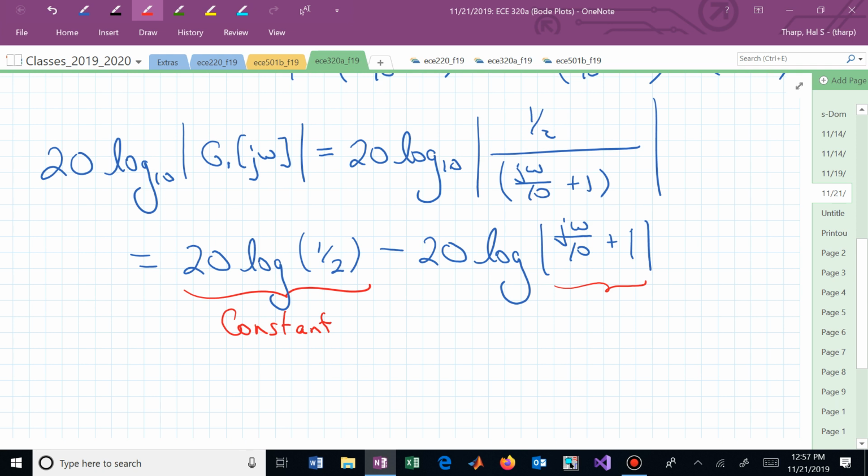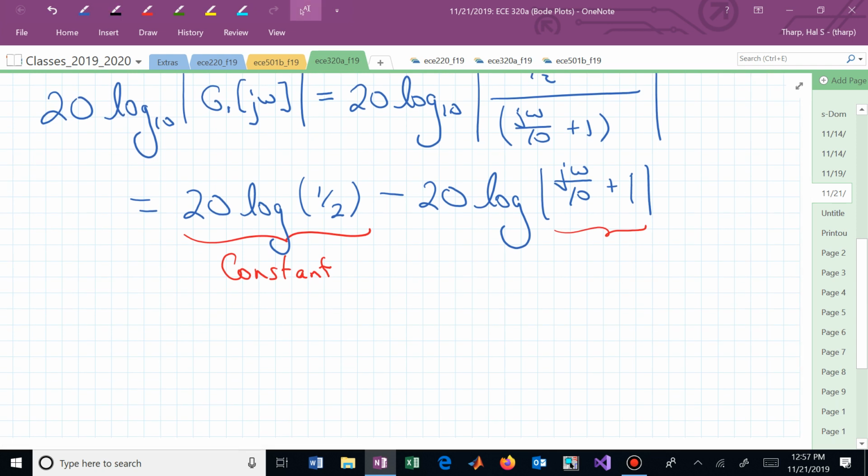And we'll say, well, for small values, so now we're saying, let's just try to sketch. Do you see the first term's not going to be hard to sketch? We just say 20 log of 1/2, and that's going to be contributing that amount of gain over all frequencies. And what is that? 20 log of 1/2.